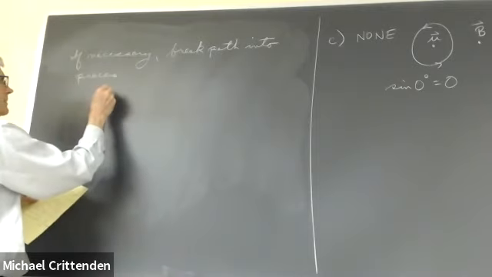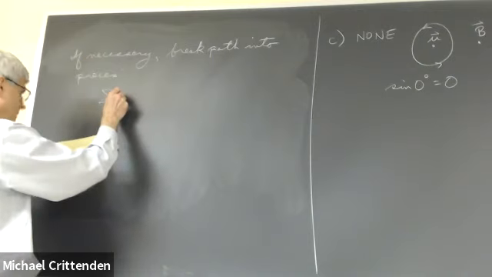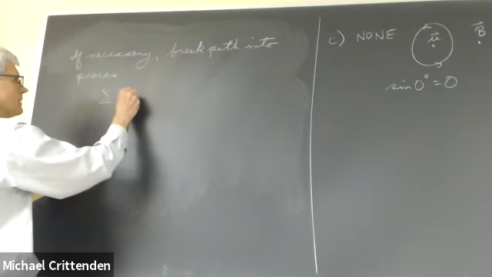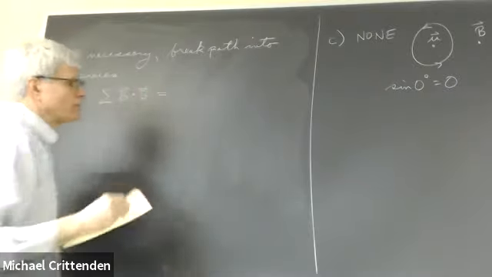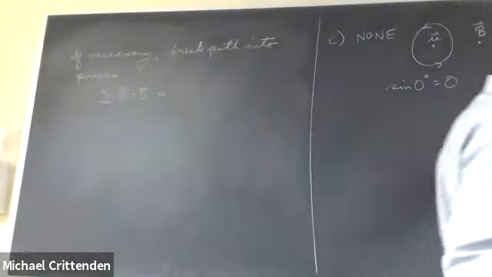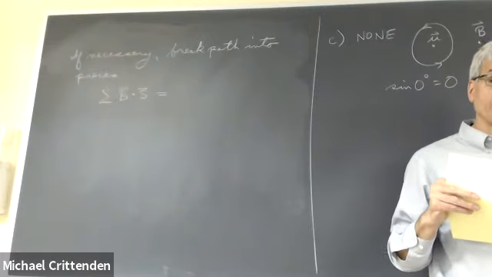So to get the total along the entire path, you'd have to add up. It's a dot product.